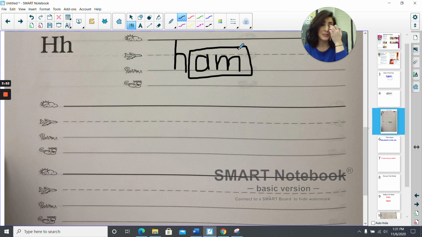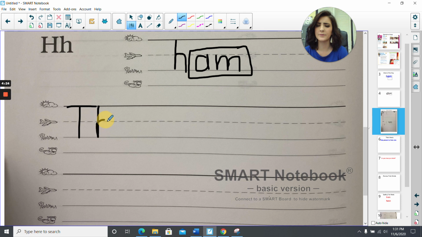And then we're going to do a sentence using the word ham, okay? We'll do the sentence, the ham fell on the floor. Okay, that uses some of our trick words too. So let's start with the, okay, capital T for the beginning of a sentence. Just follow along with me.